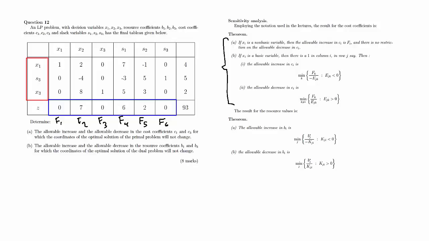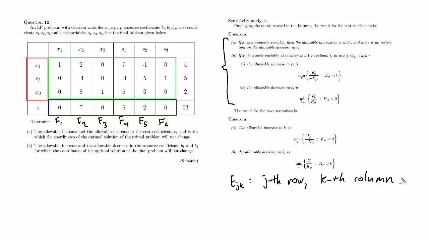E refers to everything else above that. EJK refers to the value of E at the jth row in the kth column. Now let's see this in action.